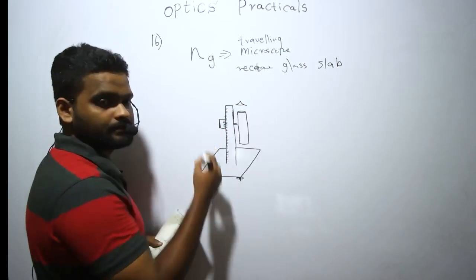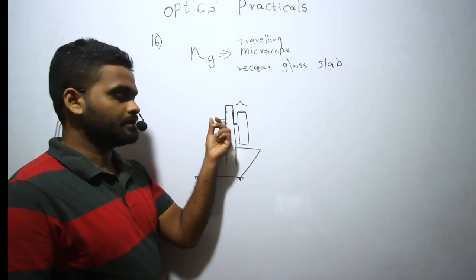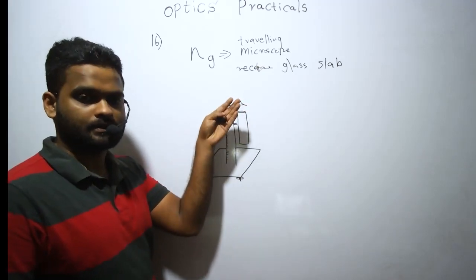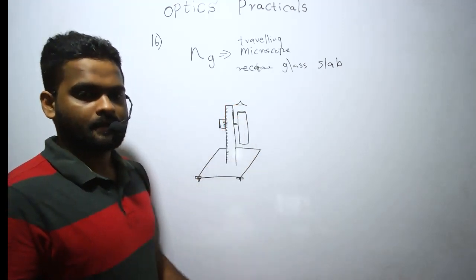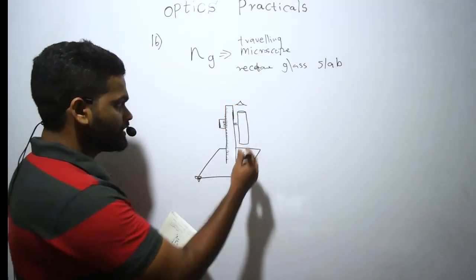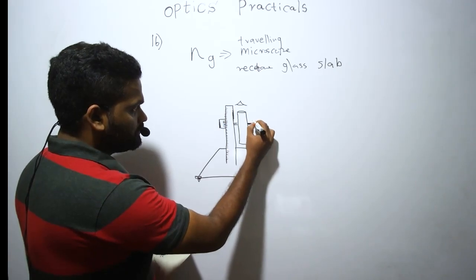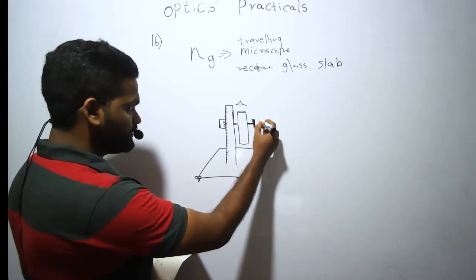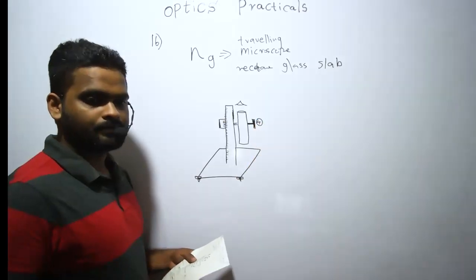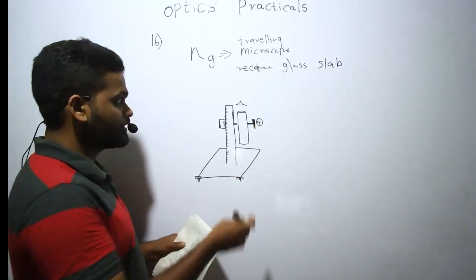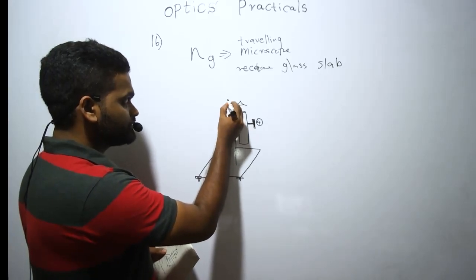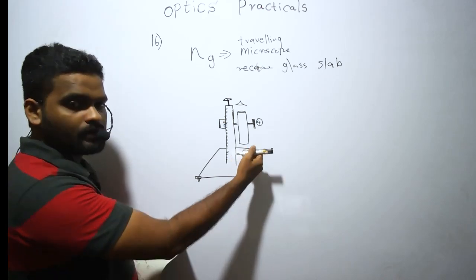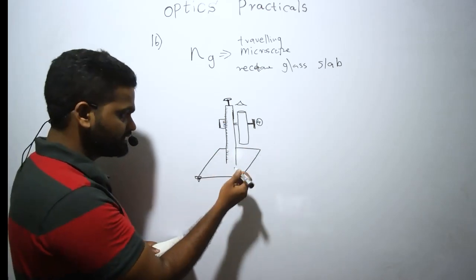So we look from here. We can change the orientation of this microscope. There's a screw here, let's say screw 4. Then there's a screw here as well to make horizontal adjustments.